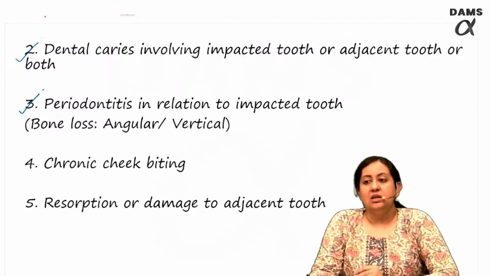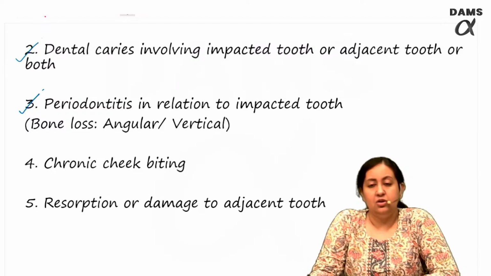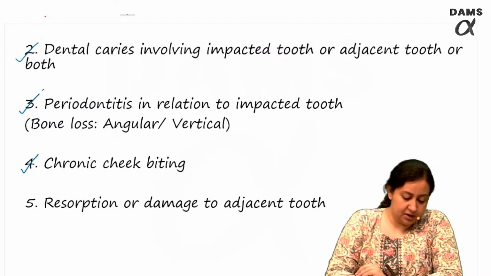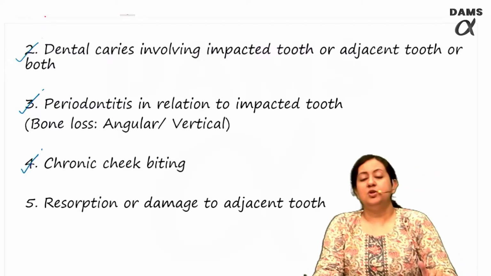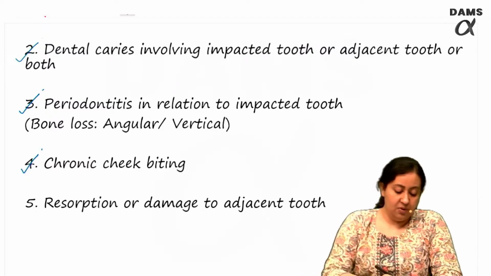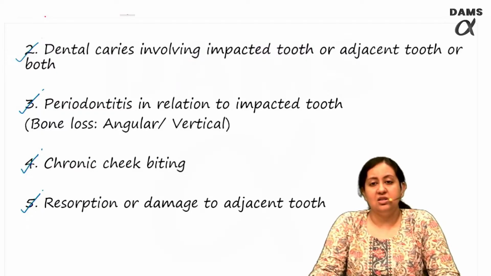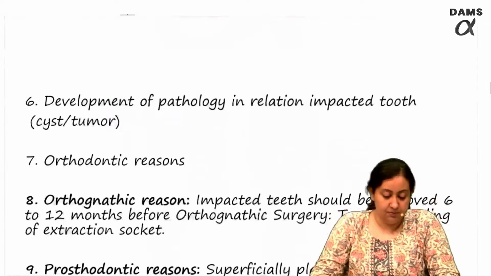In case there is a partially erupted tooth which is causing constant cheek biting to the patient, that also is an indication for removal of impacted tooth. Resorption or damage to adjacent tooth, whether in the form of caries or resorption of adjacent tooth, in all such scenarios you will remove the cause which is your impacted tooth.